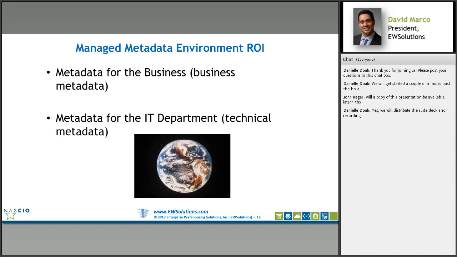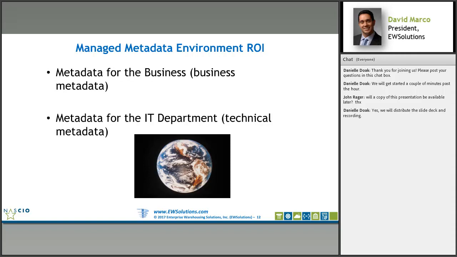So let's take a step back and understand how metadata is organized. There are two general types of metadata: business metadata and technical metadata. Business metadata provides a semantic layer between our IT systems and the people who utilize them, the business people, the people who are making decisions.